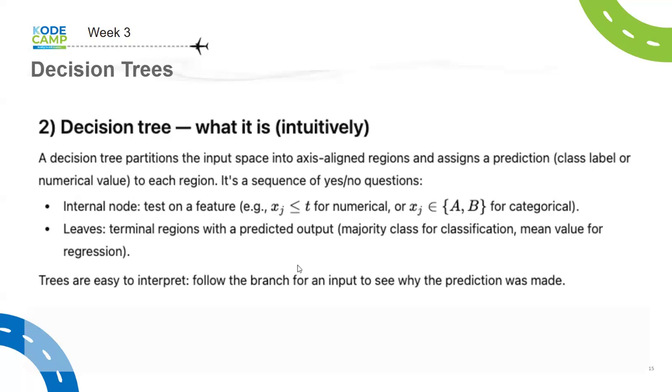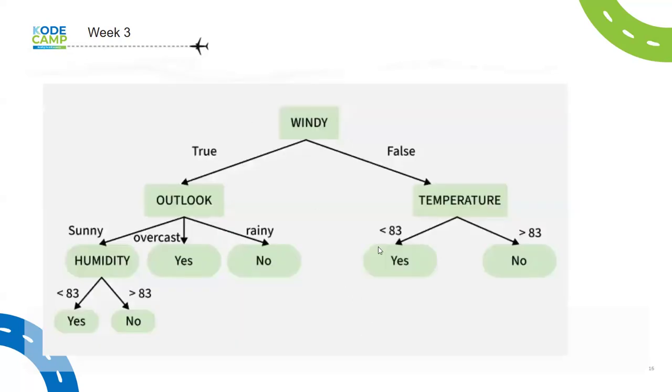The leaves will have parents, but they will not have children. So at the end of the day, the leaves become the prediction. By the time you get to the leaf, that should match a value of y that you're trying to predict. Trees are easy to interpret: just follow the branch and you see why the prediction was made.